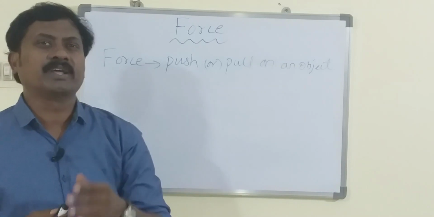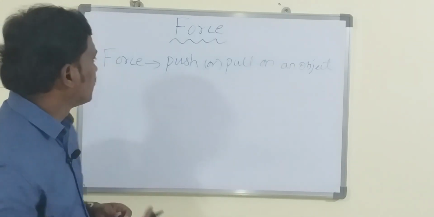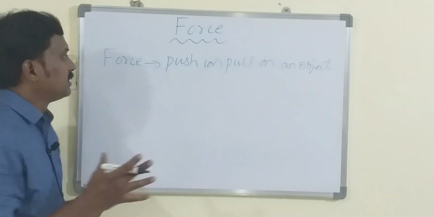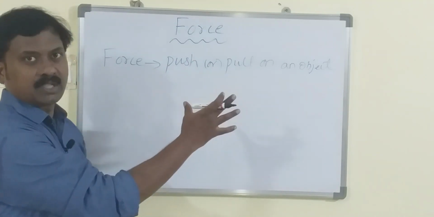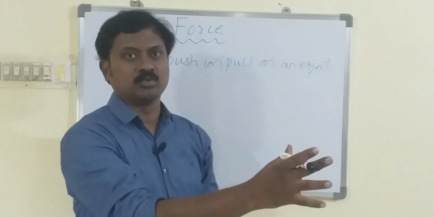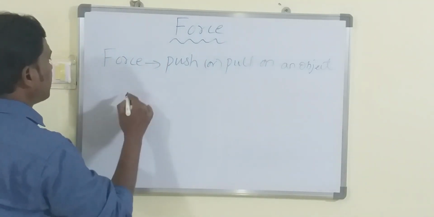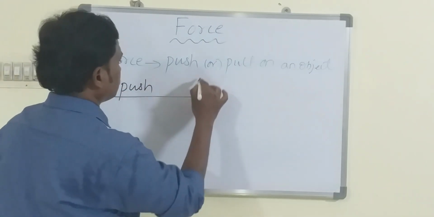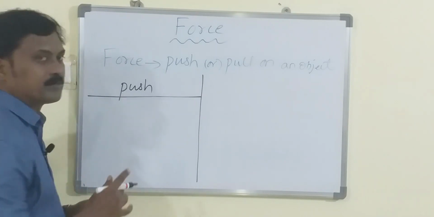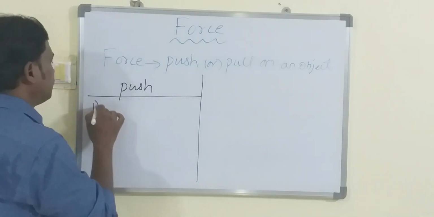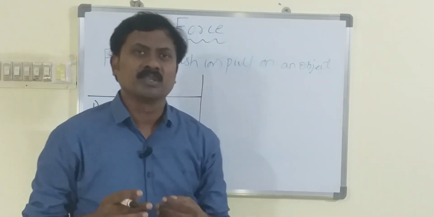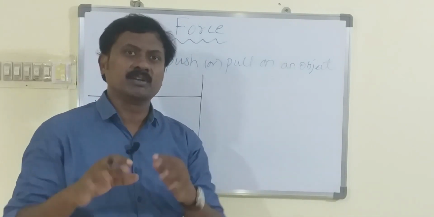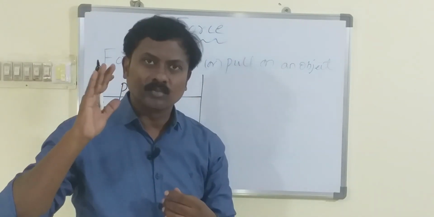Now from the examples we have observed just now, let me write all those example categories under push, pull, and there are also some examples for both push and pull. So let me write for push. Generally you have seen many times that it is written on the doorpost as push, right?